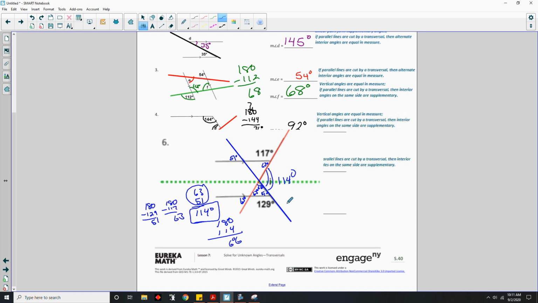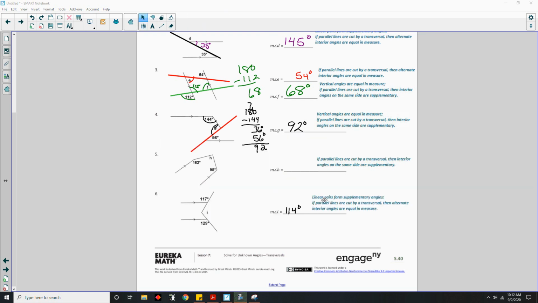All right? So if you're given this scenario, you're going to take the supplement to this and the supplement to this and add them, and you're done. Linear pairs form supplementary angles if parallel lines are cut by a transversal and alternate interior angles are equal in measure.